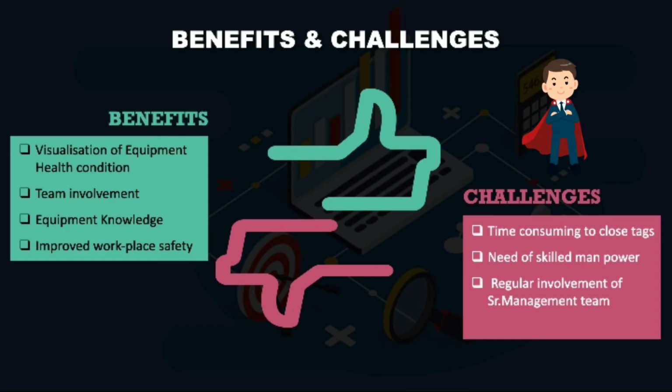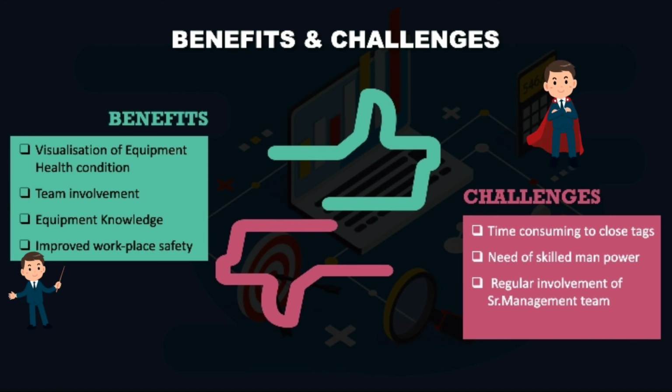Now, what are the benefits and challenges of implementation of Fuguai tag or concept at site? Fuguai tagging would result in visualization of equipment health condition which can easily be monitored. Circle members' involvement and sub-equipment level knowledge can be enhanced and workplace safety can be improved.